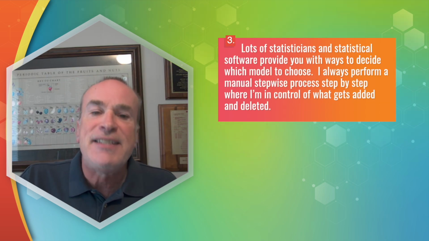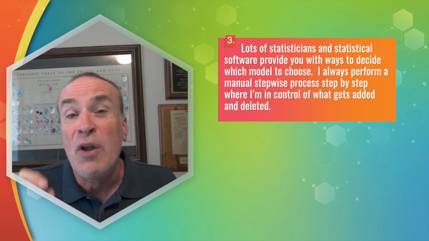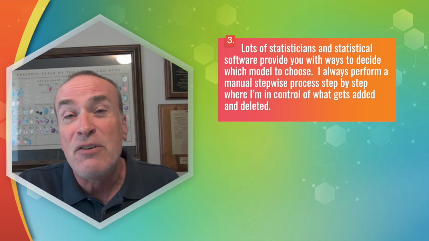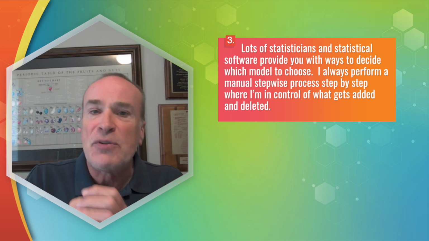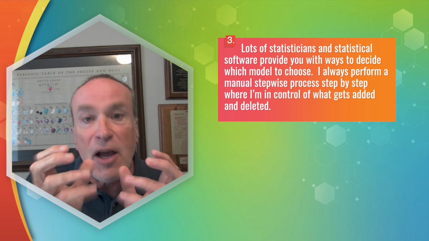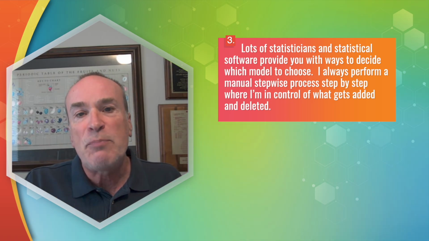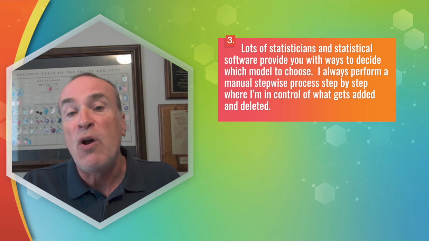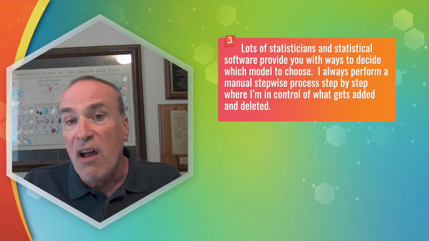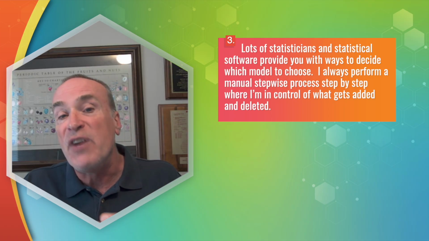Number three, statisticians and statistical software provide you with ways to decide which model should I choose. I use several of those approaches, but I always perform my stepwise process manually. I do it step by step where I'm in control of what variables go in and what variables leave my model.